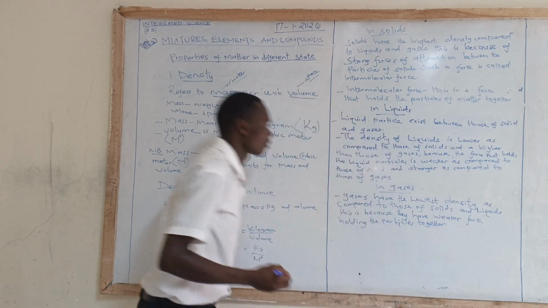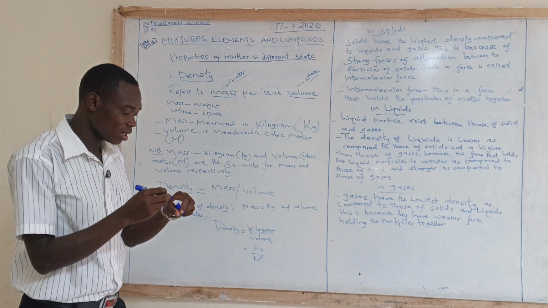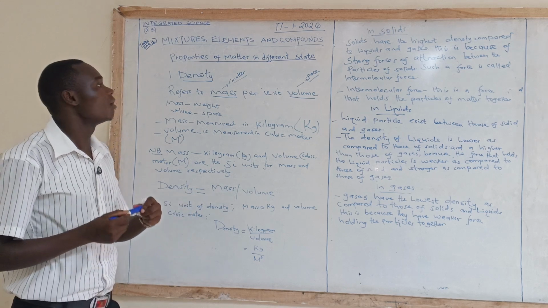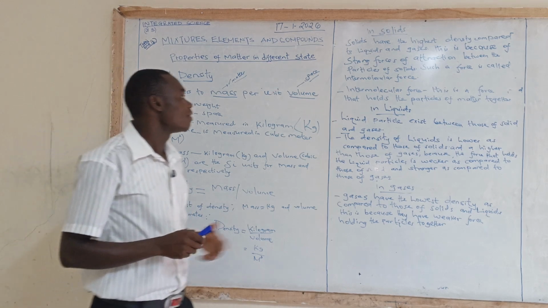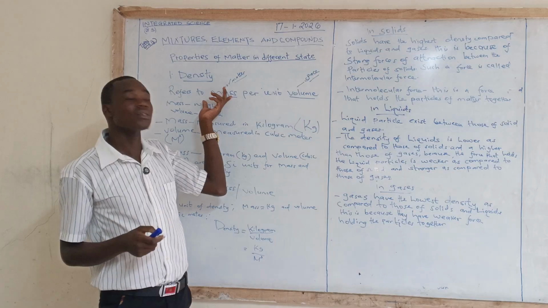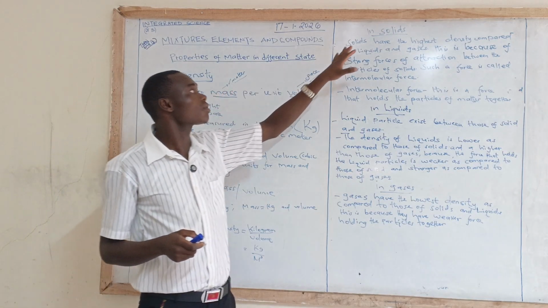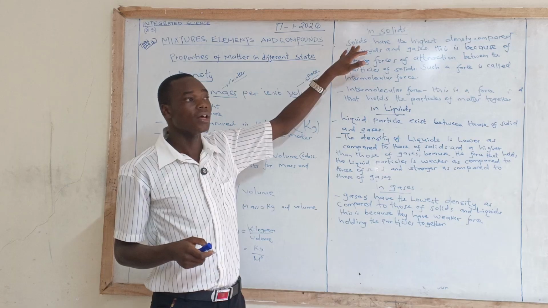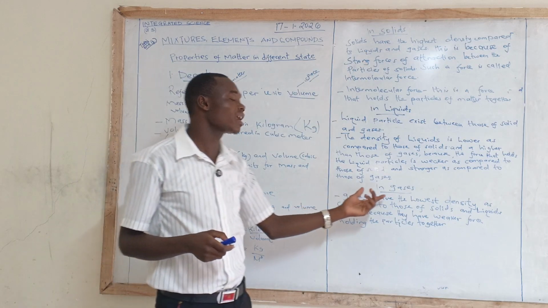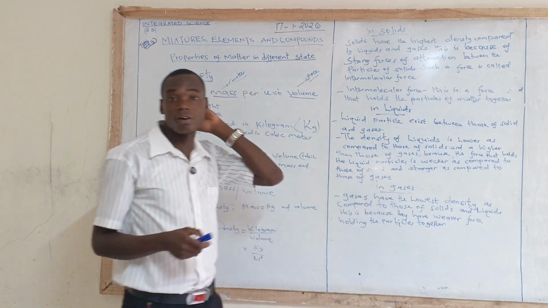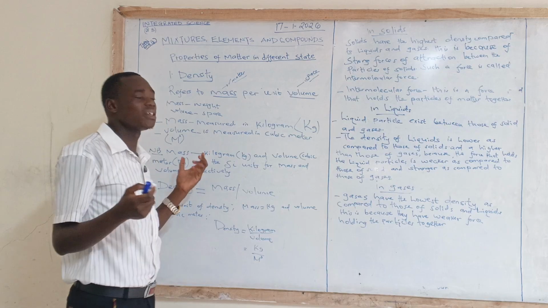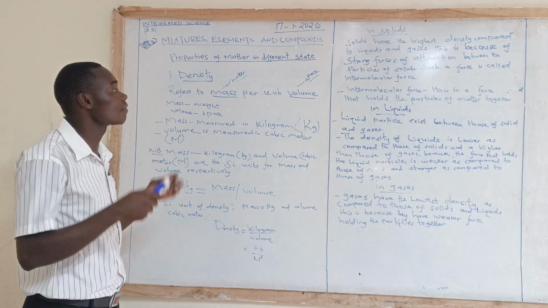So you can see and compare. Look at water. You realize that the mass of water is not as much as compared to those of a solid like a stone. You look at the mass of a gas, let's say carbon dioxide. Look at the weight and compare it with that of a stone.